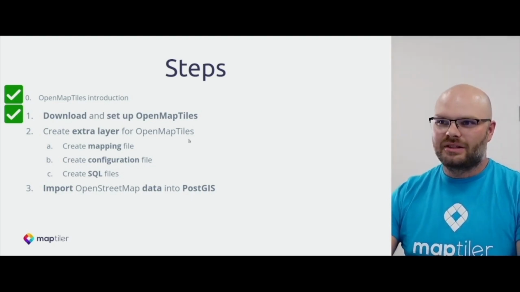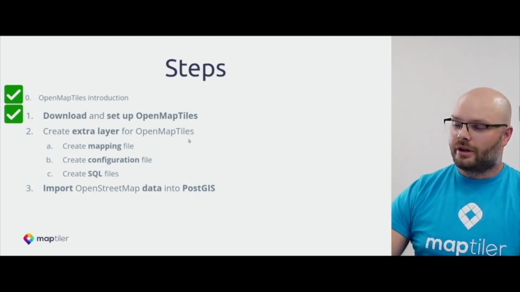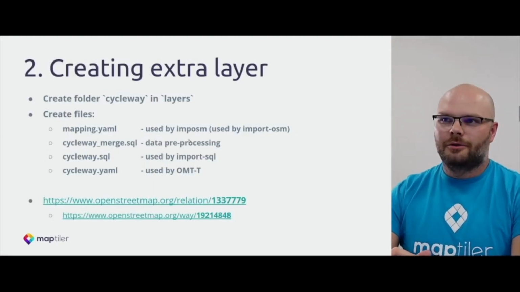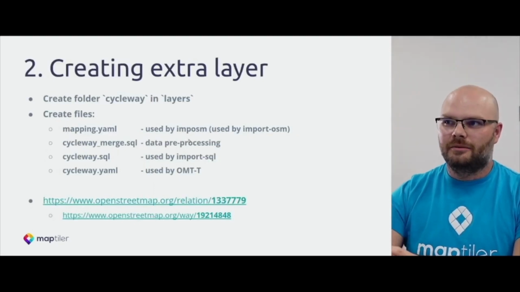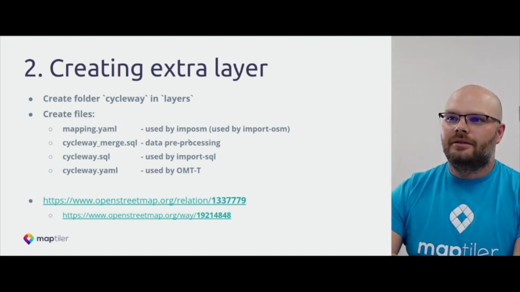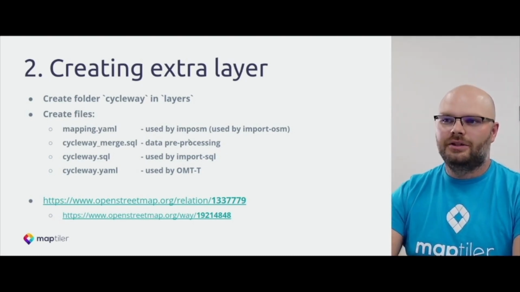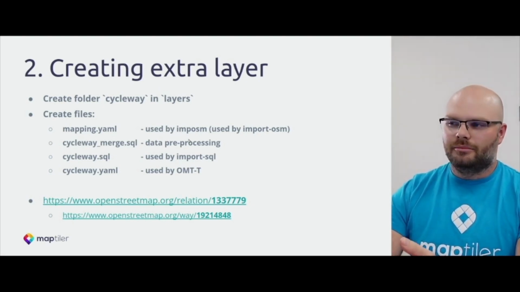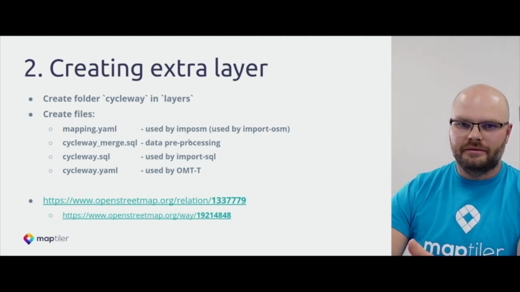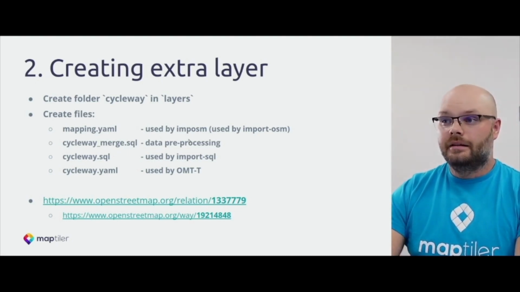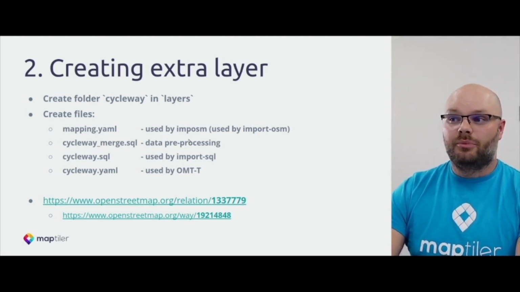The second step is to create an extra layer. For the extra layer in OpenMapTiles, we create a new folder, cycleway, and we prepare four files. The mapping file, which is used by the imposm project to import the PBF into PostgreSQL. Then we will do some preprocessing of the data.